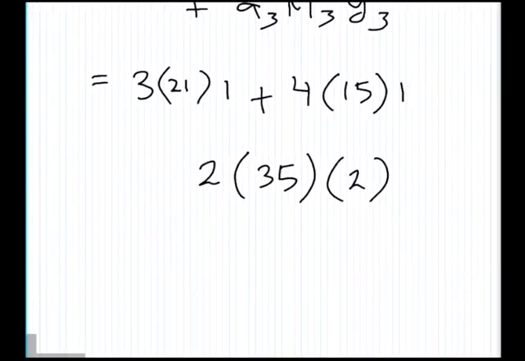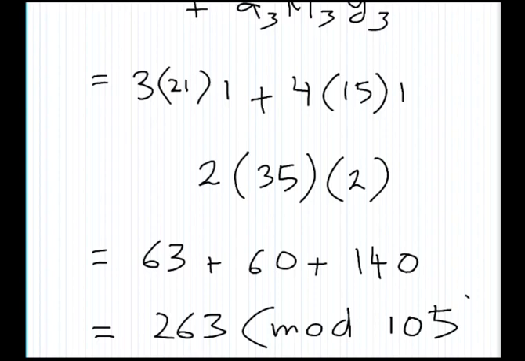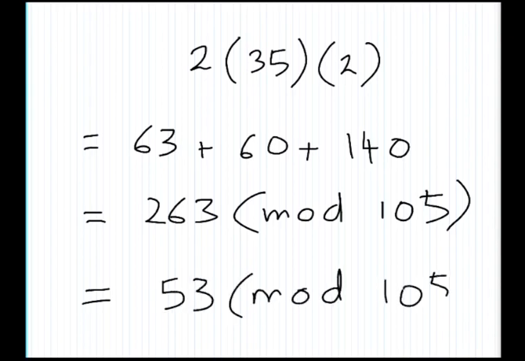So this is equal to 63 plus 60 plus 140, which is equal to 263 modulo 105, and which is equal to 263 minus 210, so 53 modulo 105.